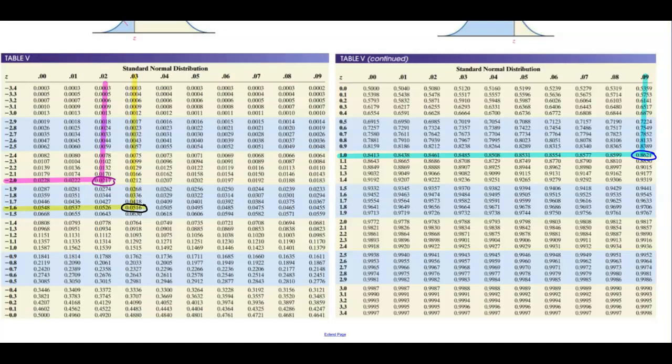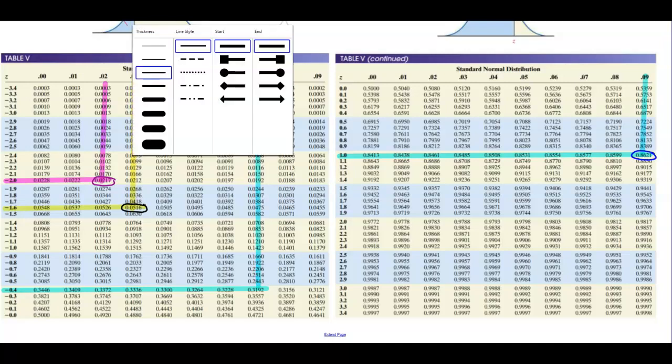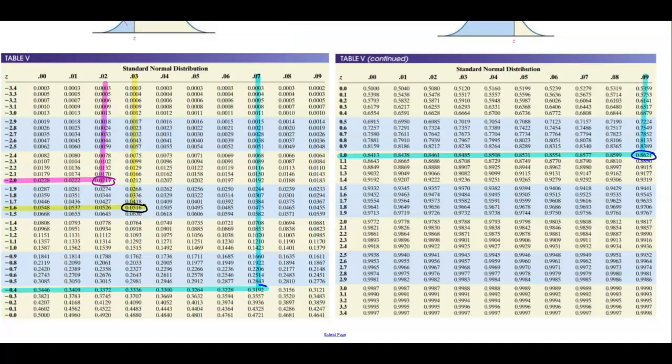So negative 0.4, then we're going to go all the way to 7. And so therefore, we get 0.3192.